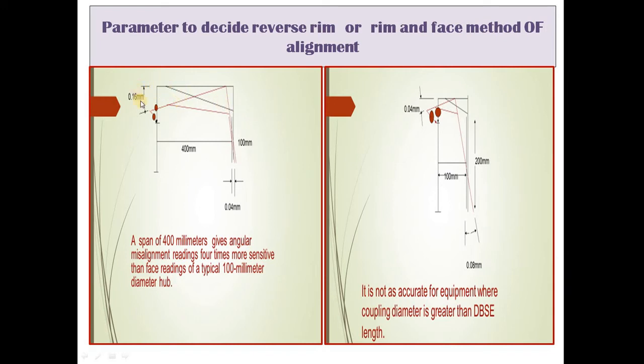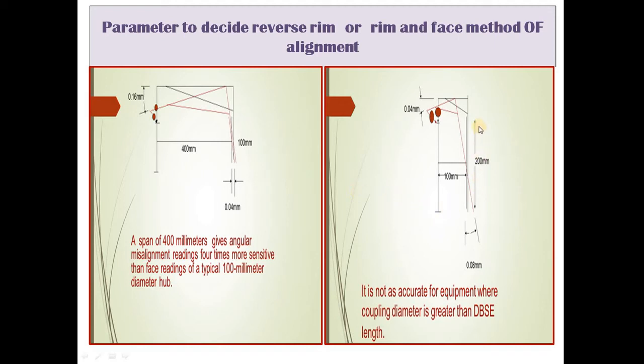That means the reverse periphery method will be more suitable because it is more sensitive, since for an axial misalignment of 0.04 we are getting a reading of 0.16. So it is more sensitive for the reverse periphery method or reverse dial method.